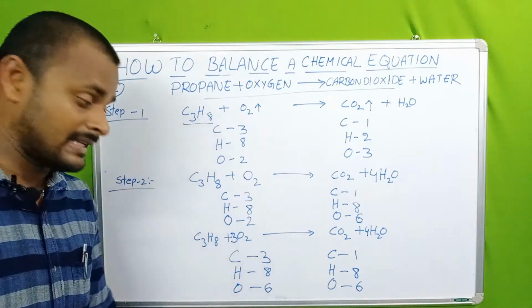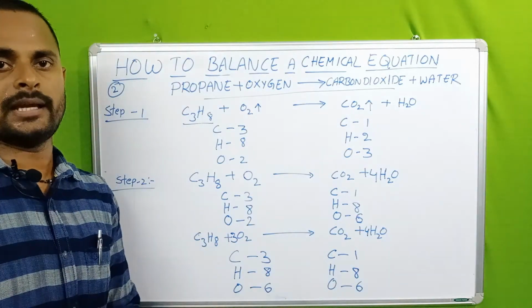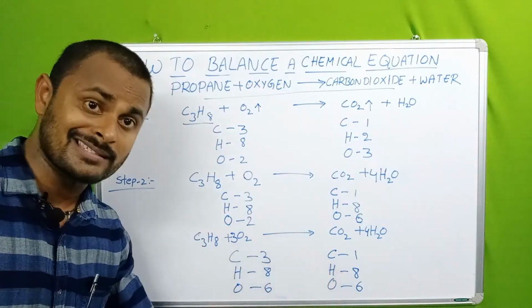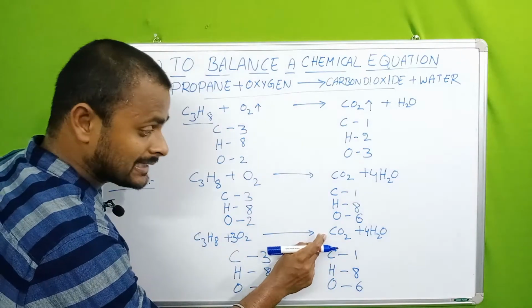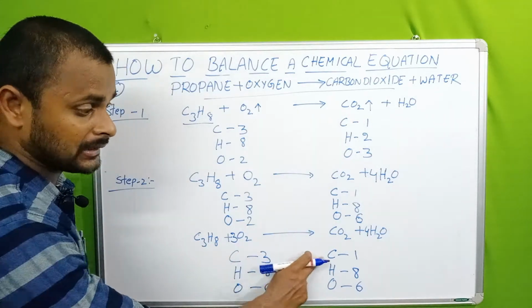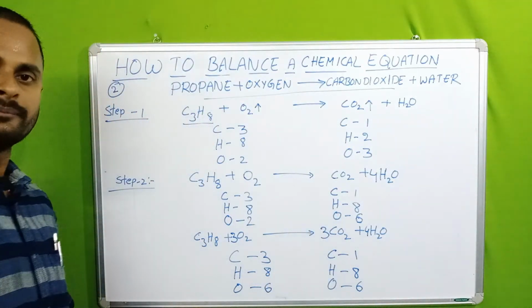But where is the difference? The carbons are not balanced on the reactant and product sides. Now it is a turn to balance the carbon atoms. Which side has fewer carbon atoms? Here the product side has fewer carbon atoms. How many here? 3. But here 1. So where you have to place 3 here.